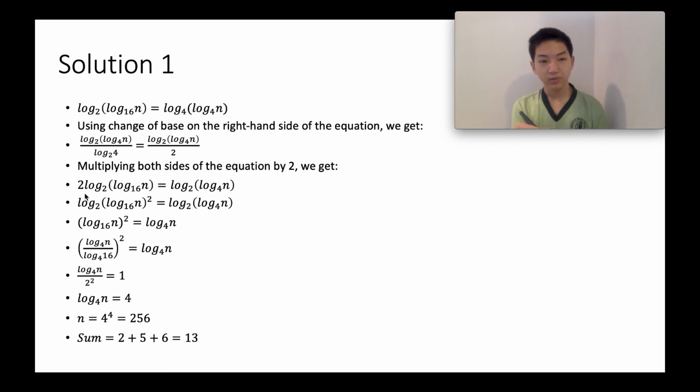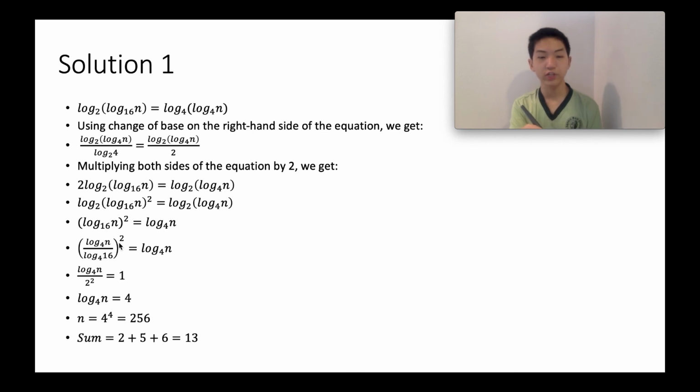Then remember that this identity also works in reverse: you can move the coefficient here up as an exponent. And now we have log base 2 of an expression, and log base 2 of another expression. You can just remove the log base 2 because clearly the expressions inside must be equal to each other. So then this is what we get.